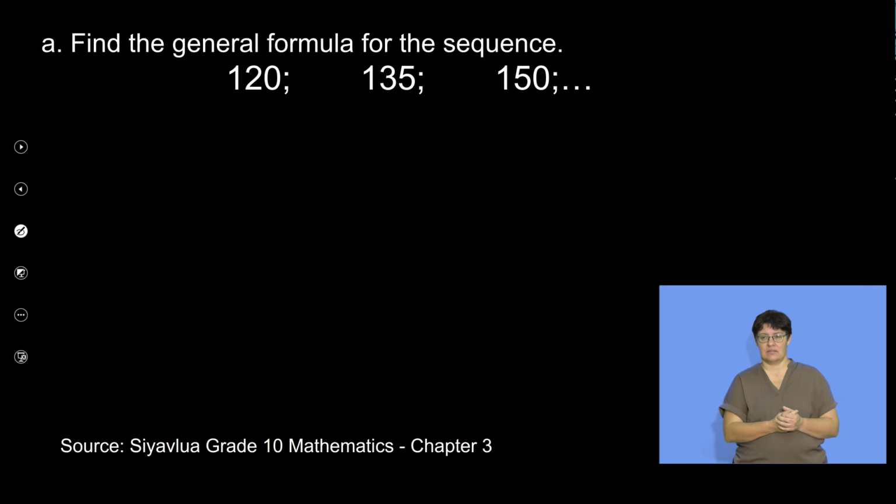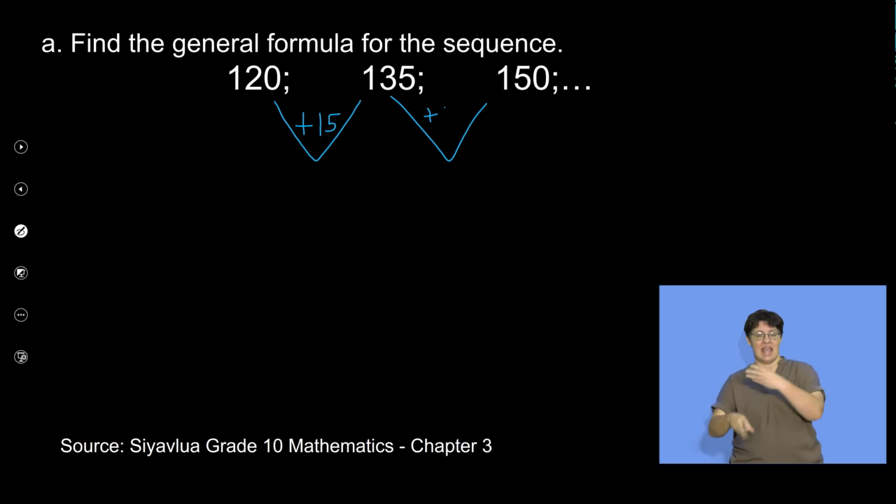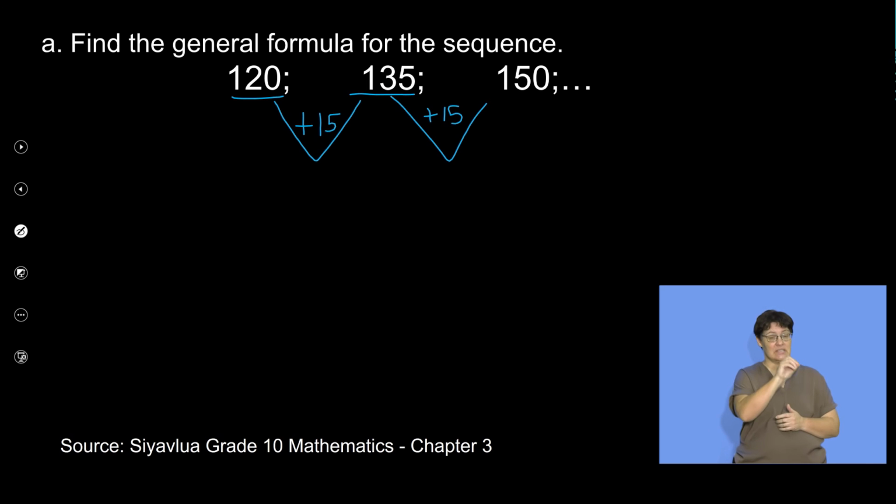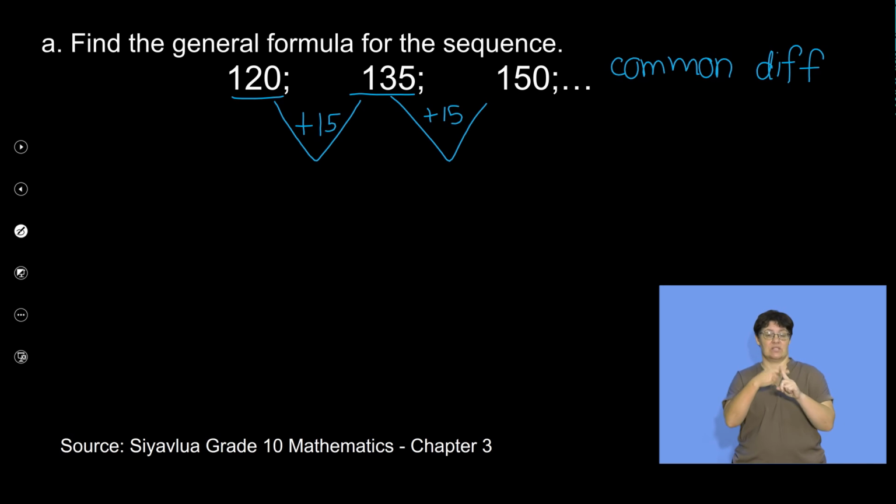Let's have a look at the numbers. We have 120, 135, and 150. We can see that we added 15 each time to these numbers. So from 120 to 135, 15 was added. From 135 to 150, 15 was added. So my common difference is 15.